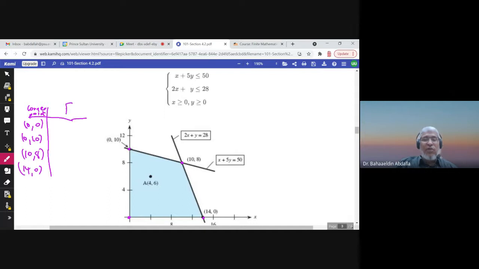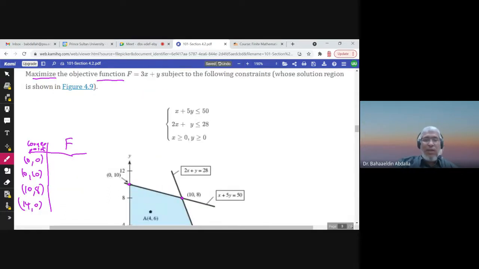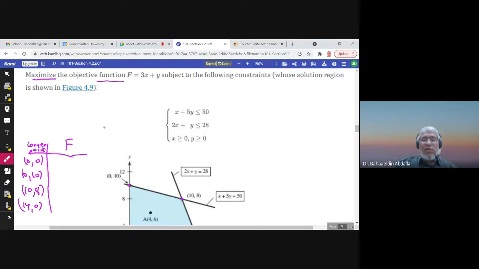And at each one of them, we find the value of f, or the y-intercept. So at (0, 0), 0 plus 0, f would be 0. At (0, 10), x is 0, y is 10, so f would be 10. At (10, 8), 30 plus 8, that's 38. At (14, 0), 3 times 14 is 42 plus 0.